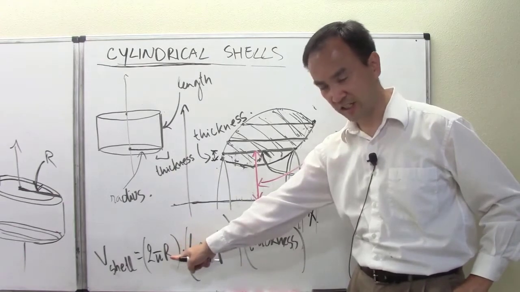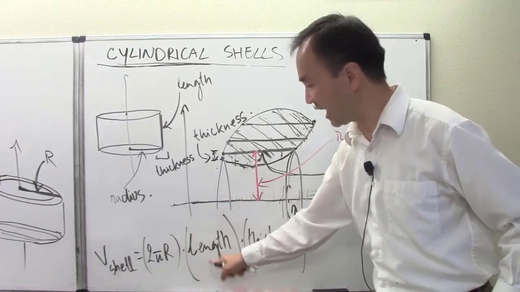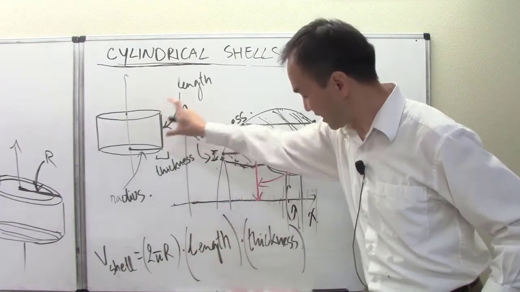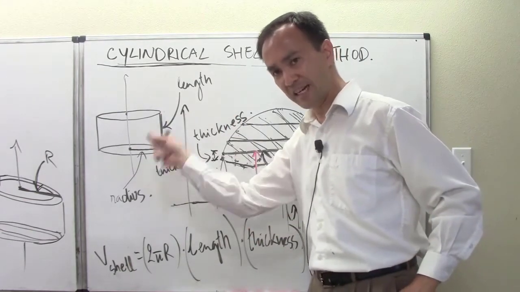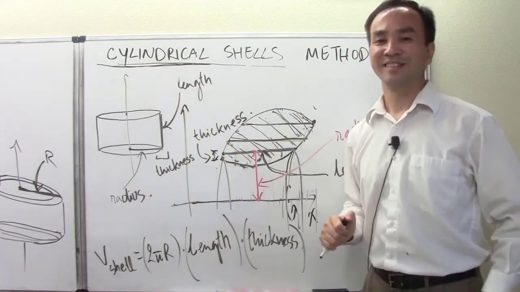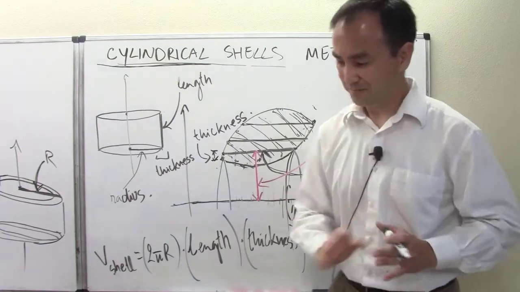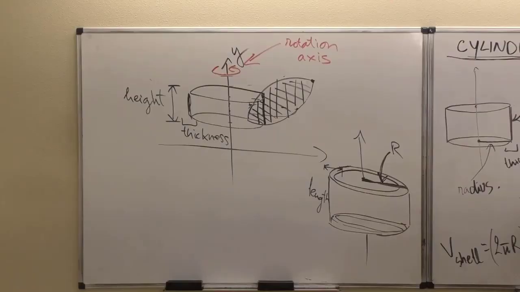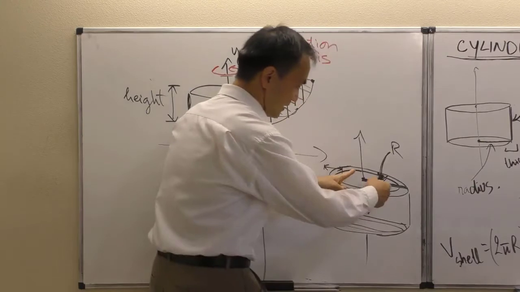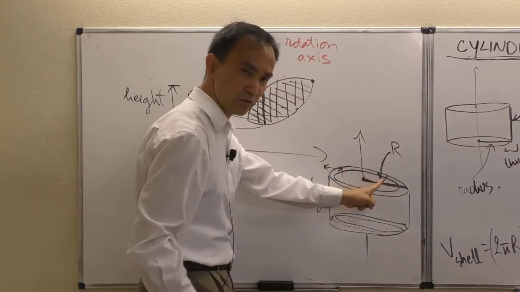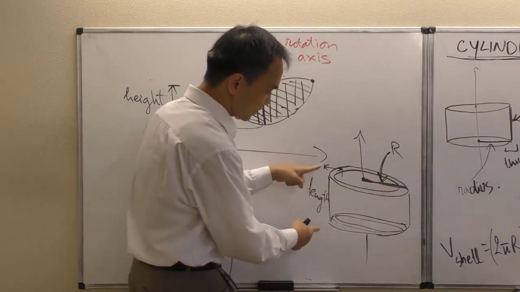2 pi r is the circumference. Multiply with the length. This is the length, and we multiply with the thickness. That's the volume of one shell. Just like that, on my board over here, the circumference depends on the radius, 2 pi r, multiplied with the length.